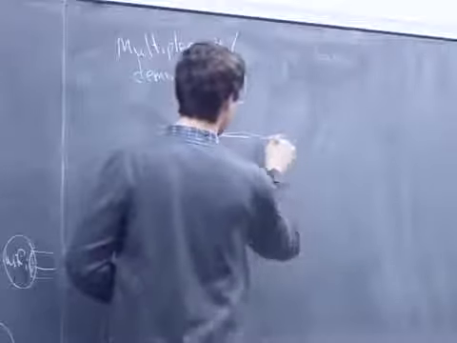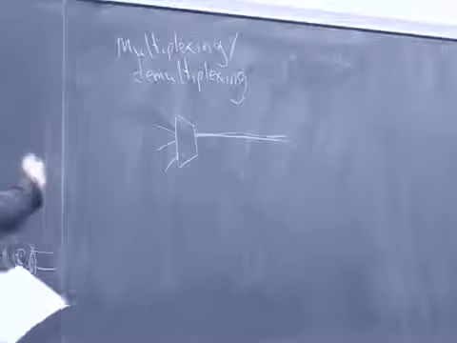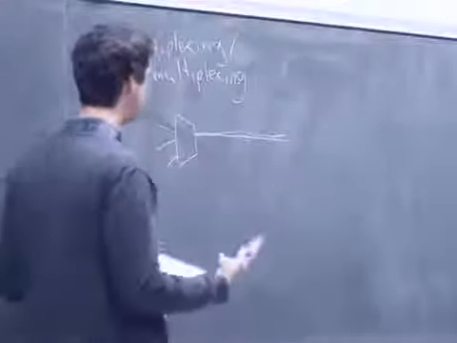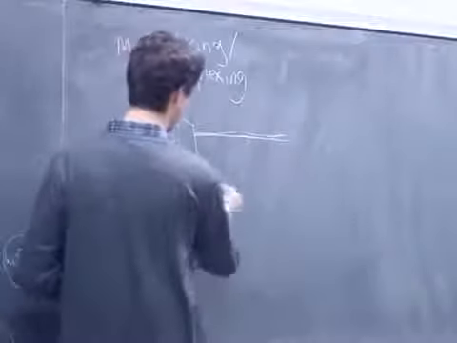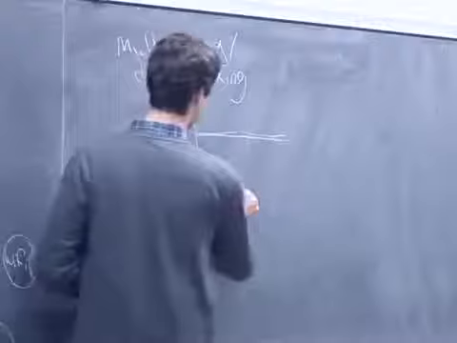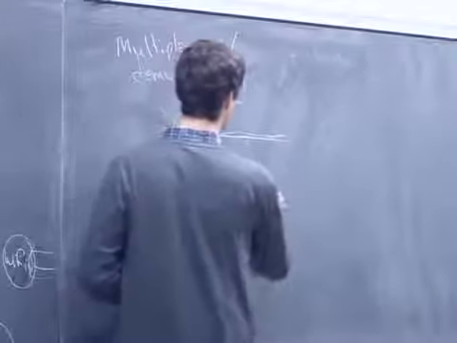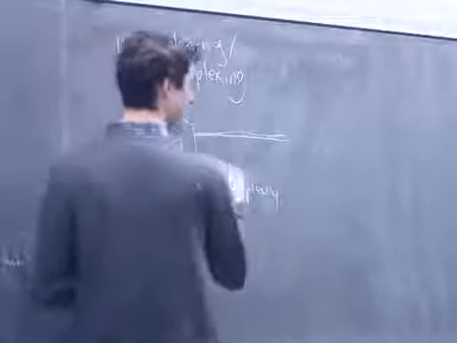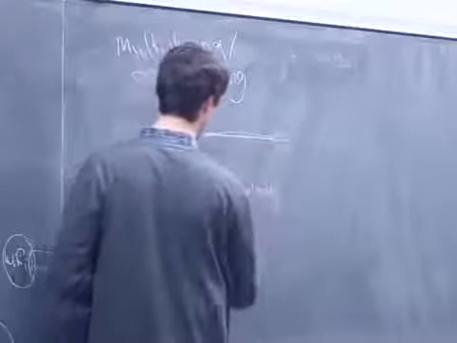Or you can, in optical networks, for instance, you can use different wavelengths to multiplex them across a single channel. But the basic idea is that in multiplexing, so multiplexing goes this way, you take many signals and place them onto one medium.